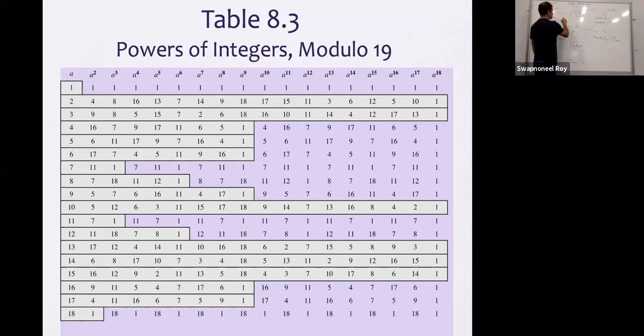So if the base is equal to alpha and if the exponent is equal to I, what the table gives you is alpha raised to I mod 19, mod p, which is mod 19 in this case. Alpha ranges from 1 through 18, I also ranges from 1 through 18.